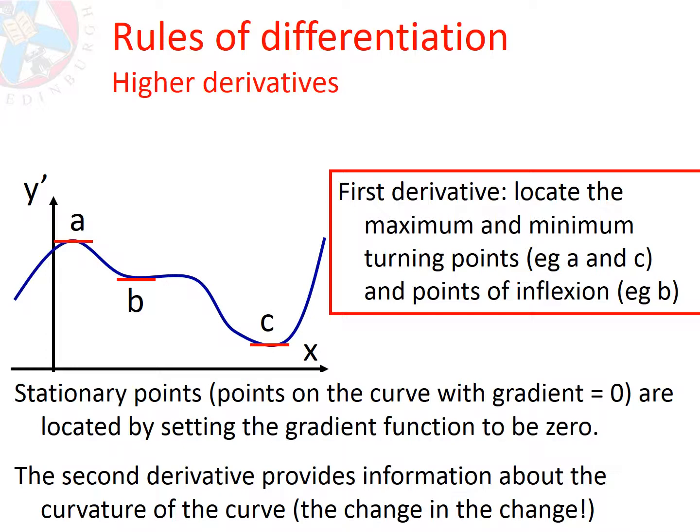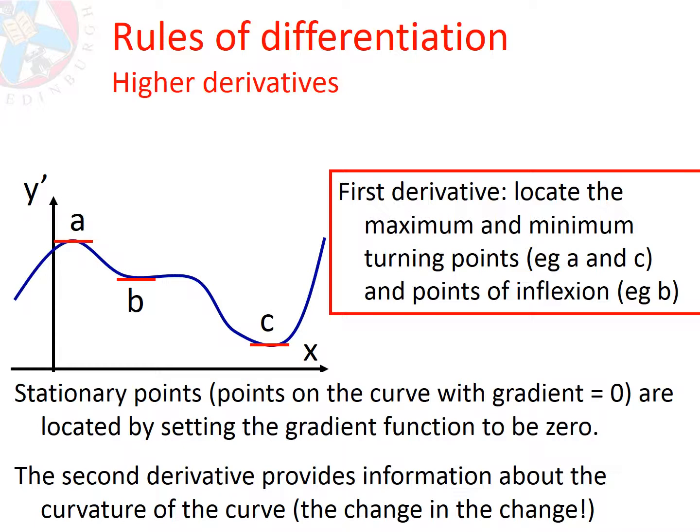We could see we've got a positive gradient here, and then it becomes a negative gradient, a positive gradient again, and we get back down to a negative gradient here. And this is the gradient of this graph.